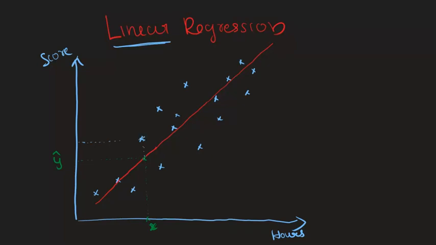This is the actual data and this is the predicted data, and we can see that this is the error here. So in linear regression, even if we find the best fit line, there will be some error.